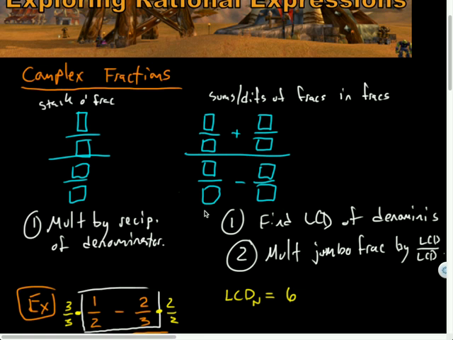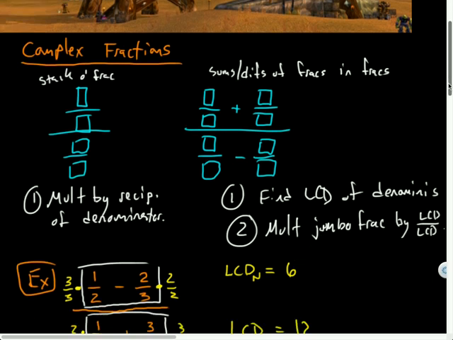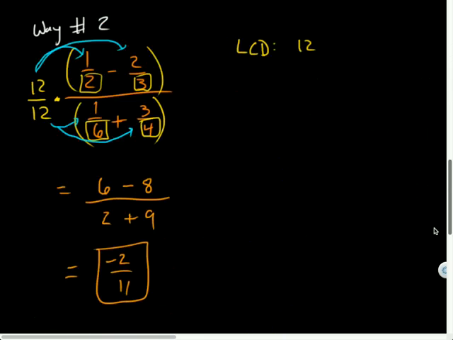I really like having these two different pictures just so you can have your general recognition abilities, right? So you're like, aha, sums and differences of fractions within fractions. I want to use this strategy as opposed to stack of fracs, which is technically an easier problem.